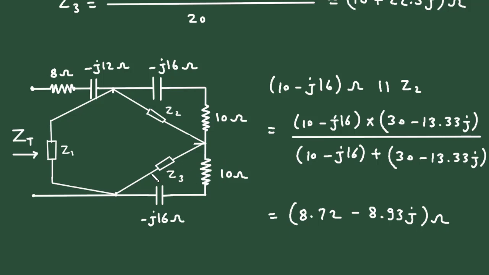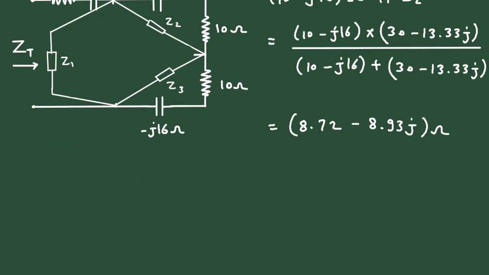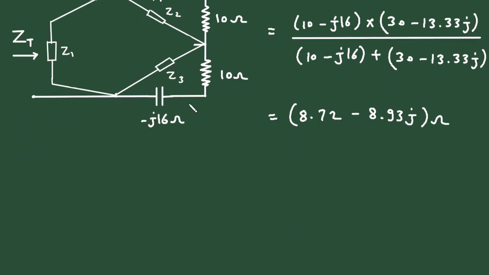Now again these two are in parallel. So let's solve this too. Now it will be 10 minus J16 ohm parallel with Z3.